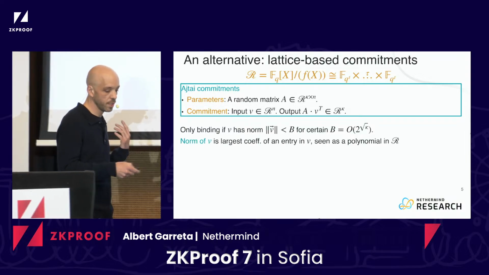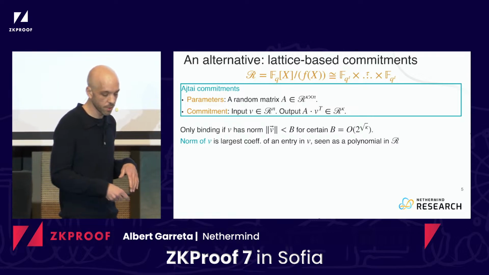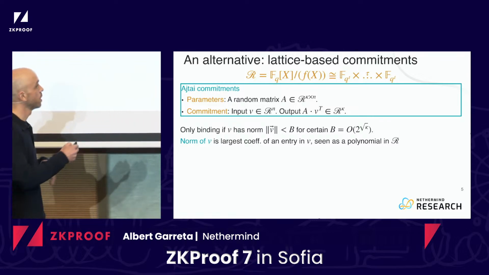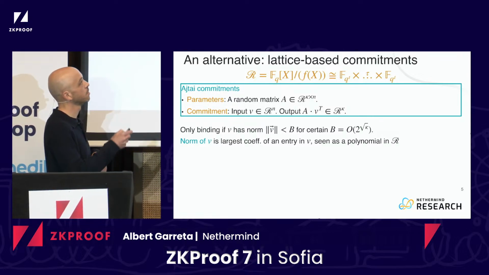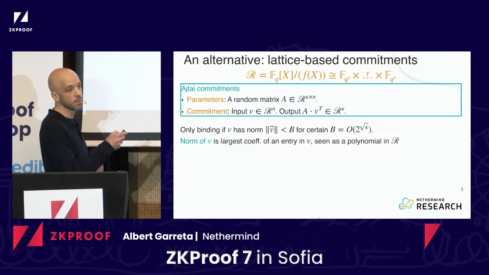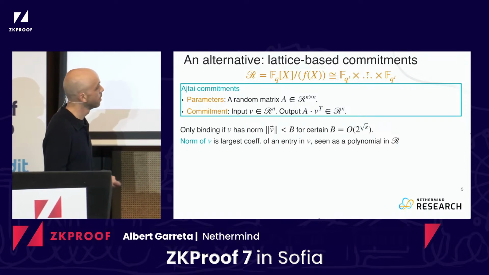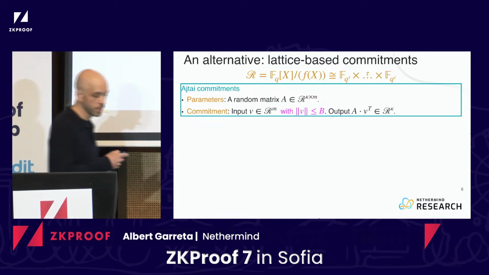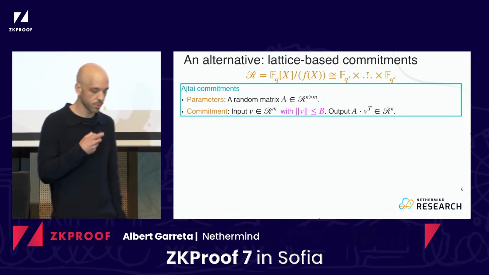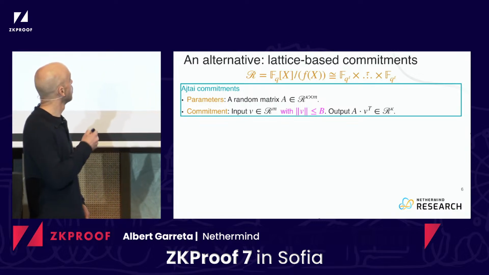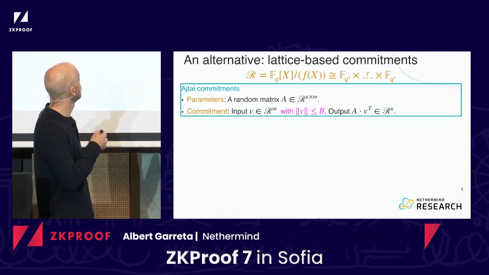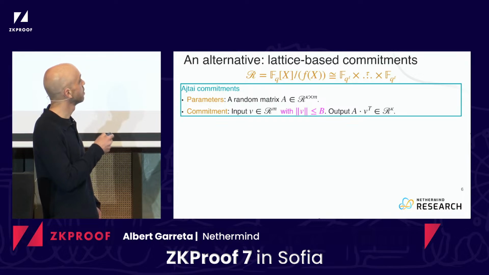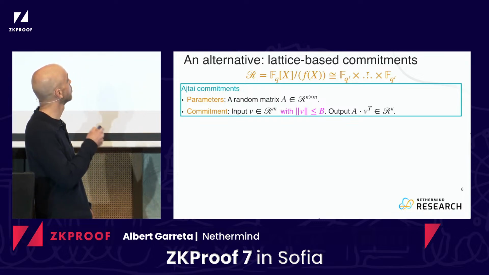And the norm of the vector is the largest coefficient of an entry in the vector when you see the elements of the ring as polynomials, which you can always do, right? So because this commitment is only binding for vectors whose norm is at most b, we can only use it really for vectors whose norm is at most b. So we have to add this clause to the input.